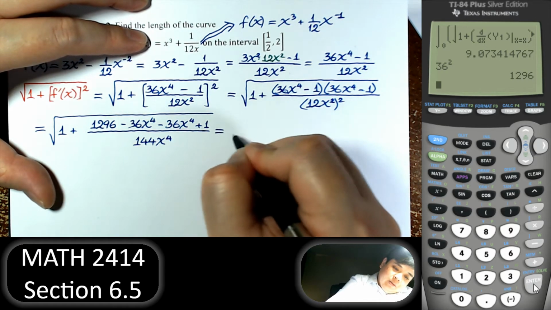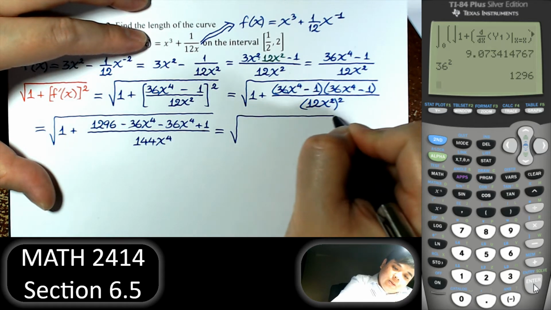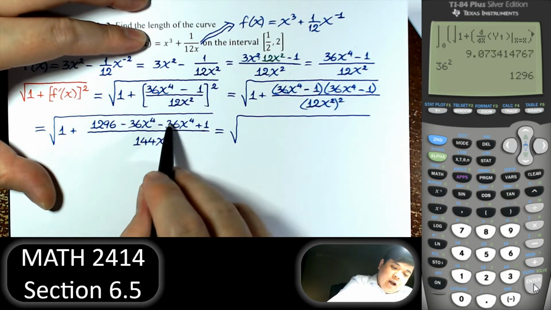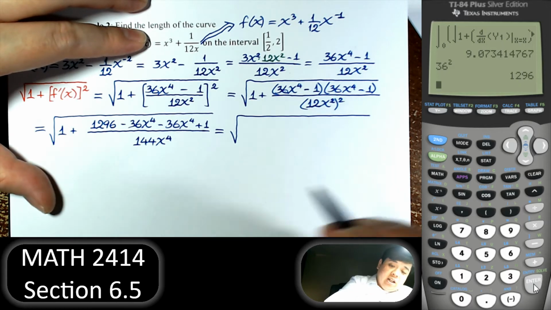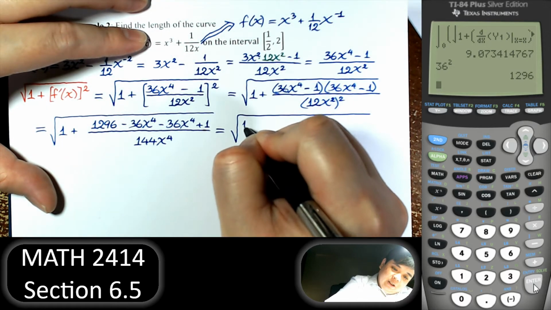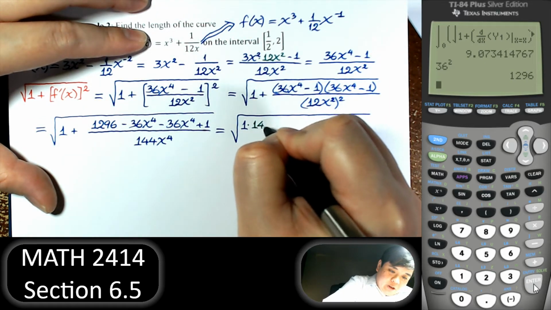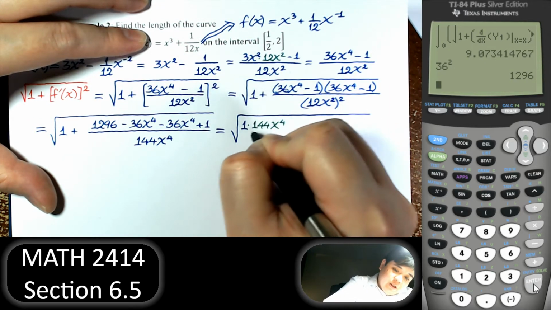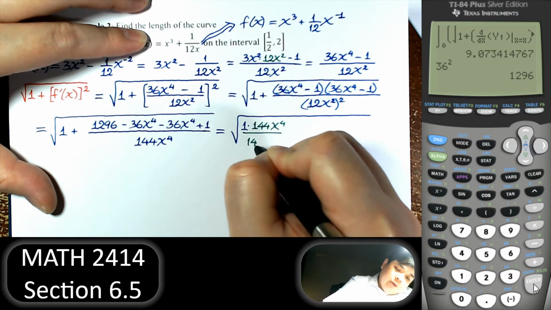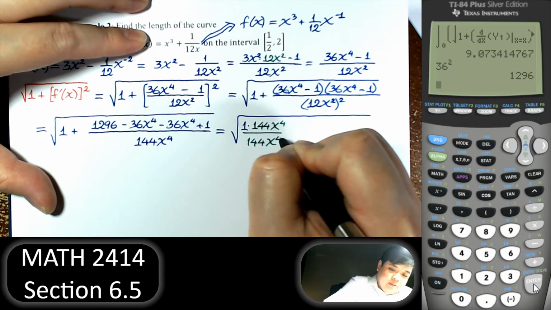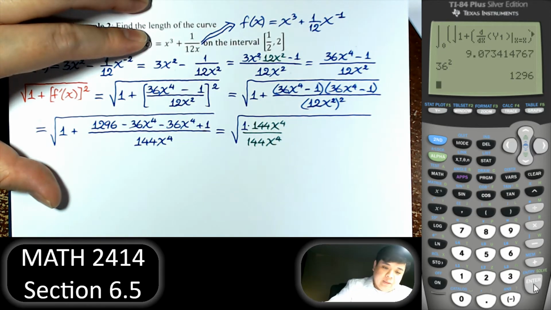Right. Combine like terms, common denominator. I'll multiply 144x to the fourth on the top and 144x to the fourth at the bottom.